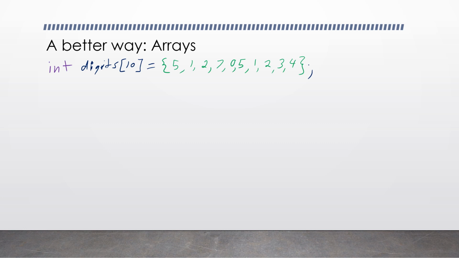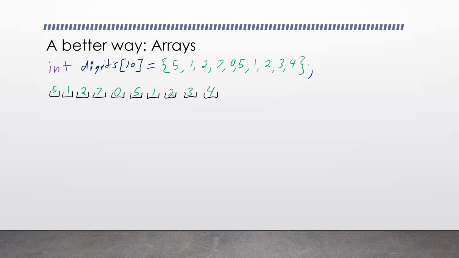At this point, what the computer has done is created 10 memory boxes, which hold the numbers 5, 1, 2, 7, 0, 5, 1, 2, 3, 4.